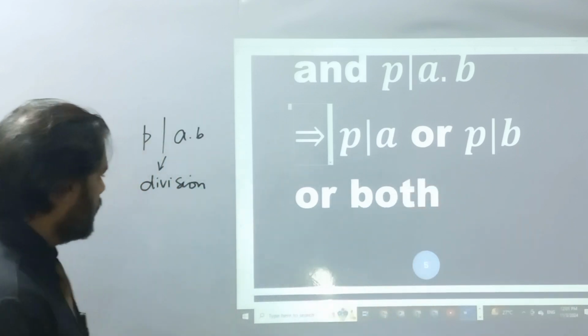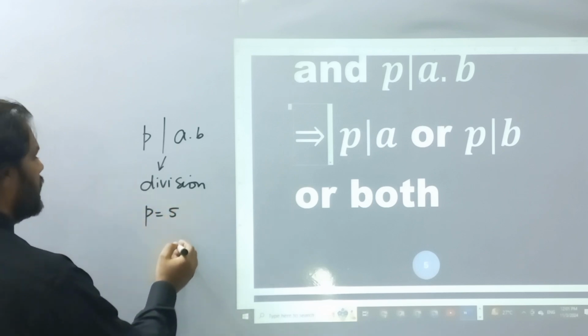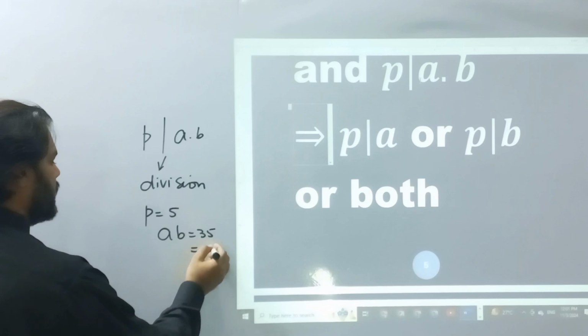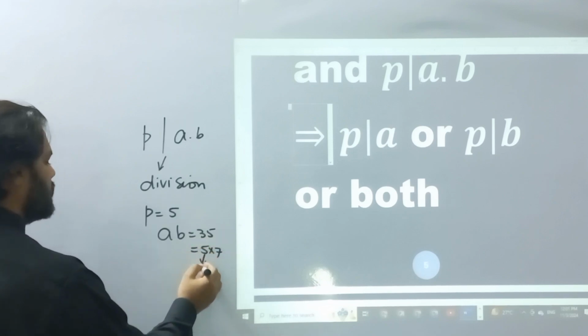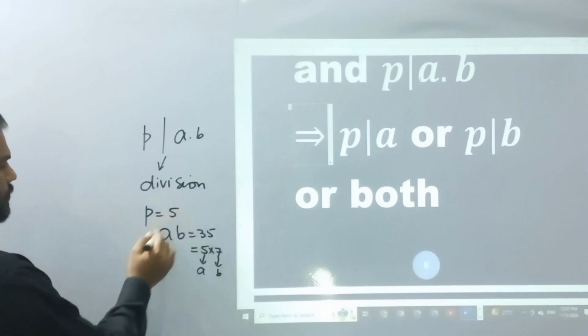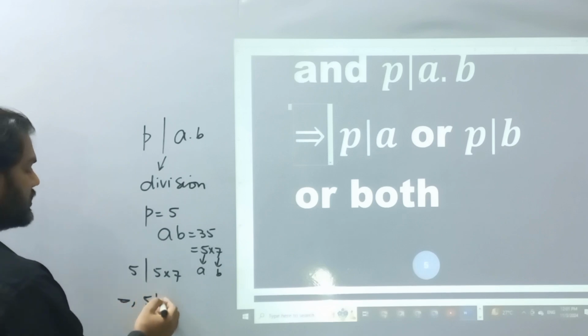For example, if our P is, suppose, 5 and the product of two numbers is 35, that is actually 5 into 7. This is suppose A and this is your B. Now you can see that your P, that is 5, divides this product. This implies 5 divides 5.